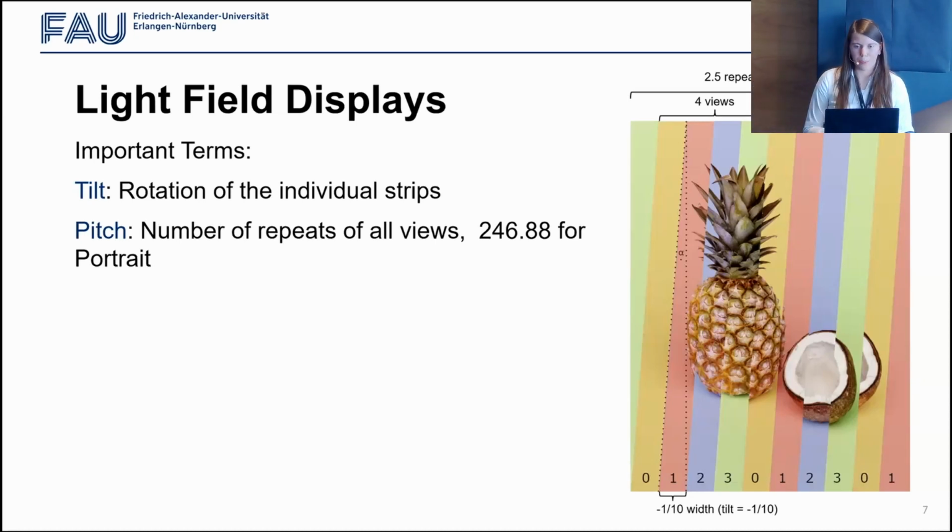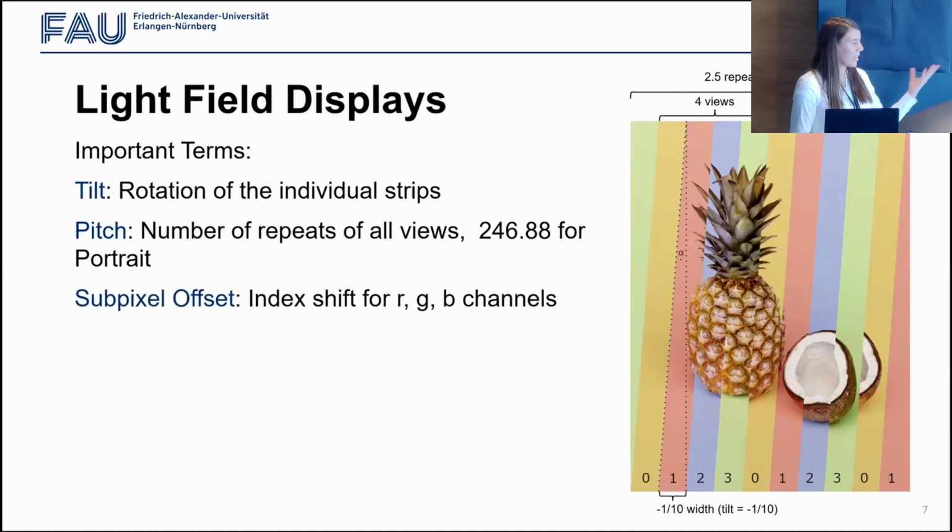For example, our pitch for the looking glass portrait was around 250. This then leads to these individual strips becoming very thin, thinner than a pixel in fact, and just everything becoming very small. This then also leads to the necessity of a so-called subpixel offset, which is necessary to match the offset of the LCD crystals of the display in the interlaced image itself.